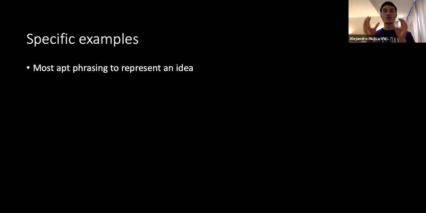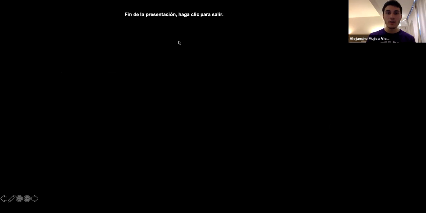It's just like there's a clear idea that needs to be represented, and it's worded 4 different ways in the options, and you have to choose what the most apt way of phrasing it is. And that would be a kind of correct expression question that I would see. And that's it for the presentation.